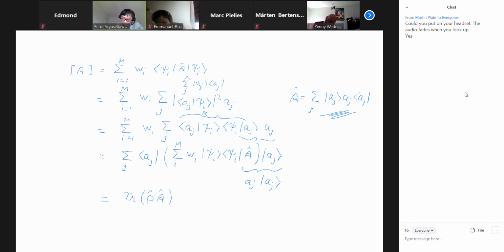So this whole thing here, we call it psi A, like that. So the density operator is given by the sum over i of the weight w_i times psi i, like this.